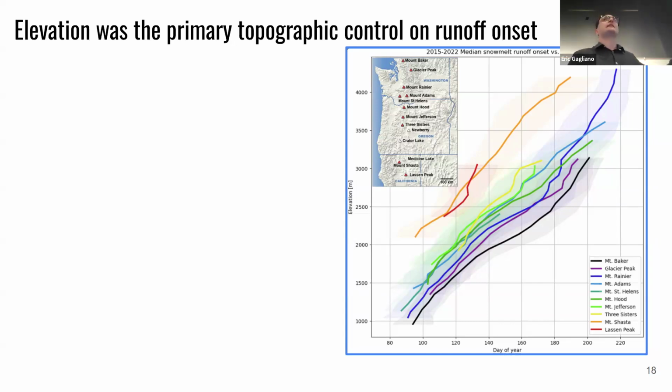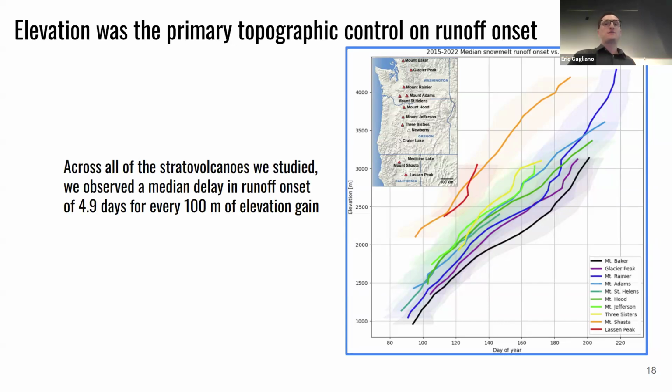And you can notice they all have similar slopes. We found that for every 100 meters of elevation gain, the observed median delay in runoff onset was 4.9 days. The general trend of melt later at higher elevations is relatively intuitive, but exact, high-resolution quantification is something that we have at this point.